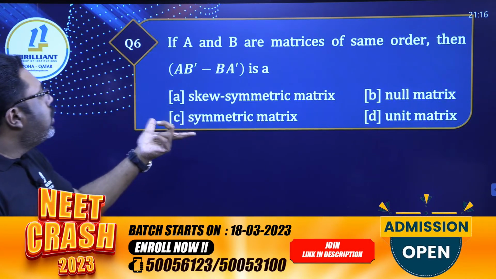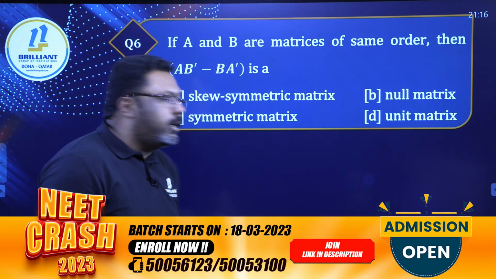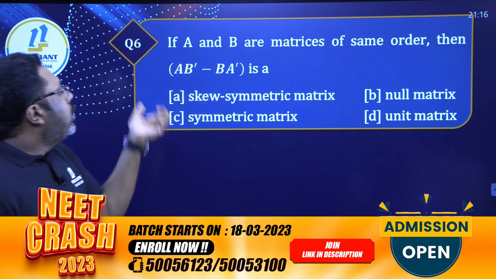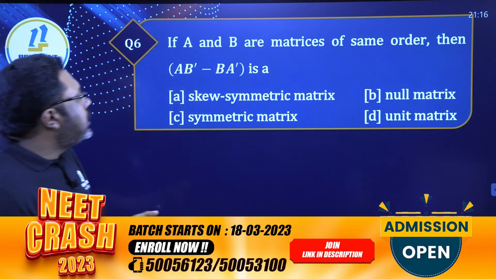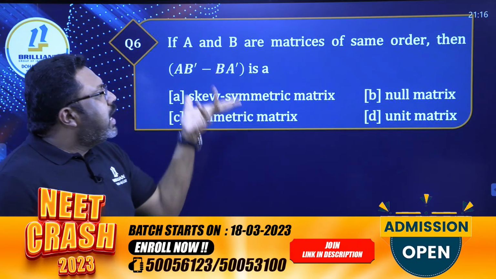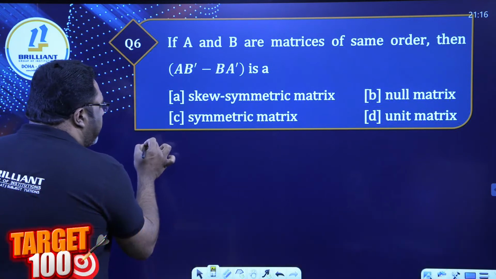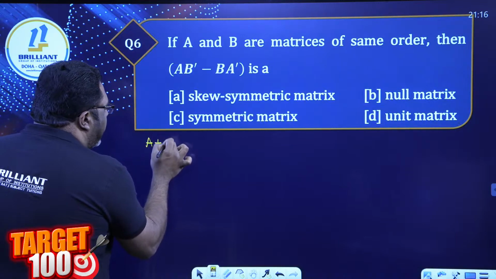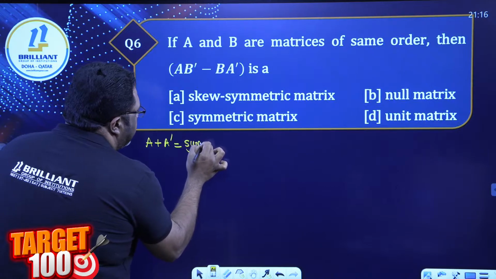I want you to study a few statements here along with this answer. It's about what happens to addition, subtraction, and product of matrices if A and B are matrices of the same order. Please remember, A plus A dash is always symmetric.